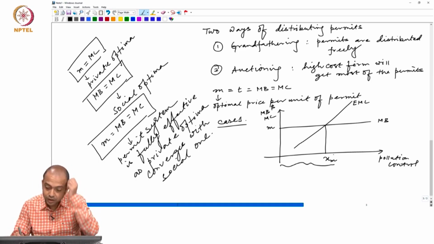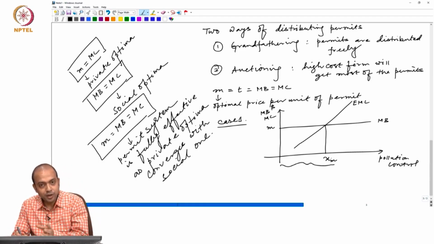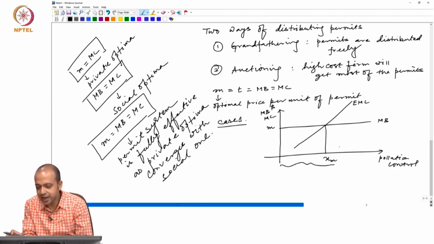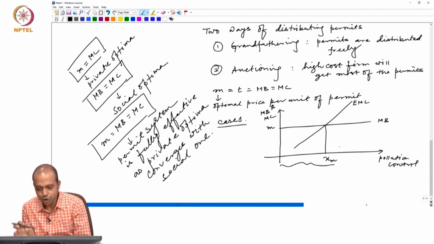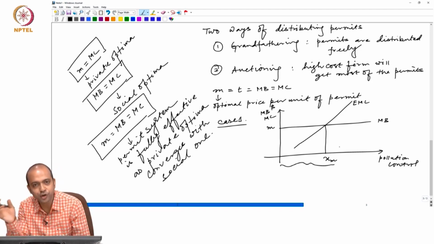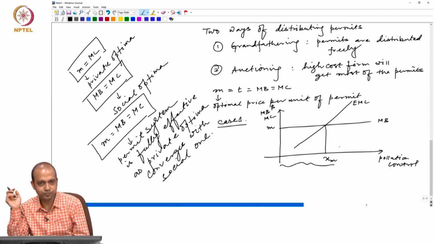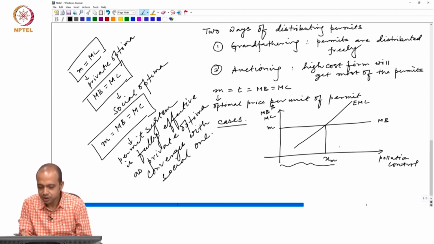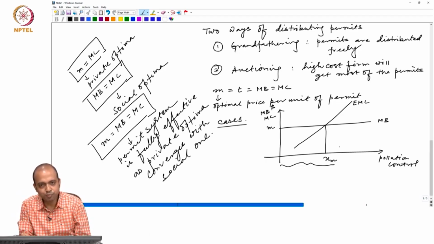So, if your level of pollution is more than xm, this level, then additionally you have to abate, or let us say that you can abate this much, then the additional is your requirement of permits. If you think that you have only this much permit, then any level of pollution higher than xm, you have to abate for that.